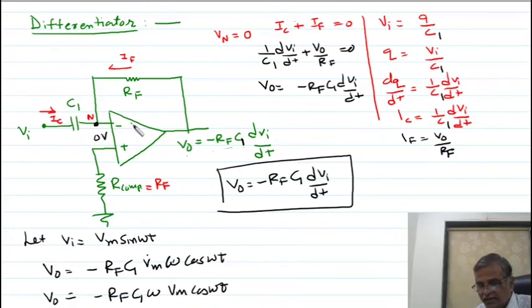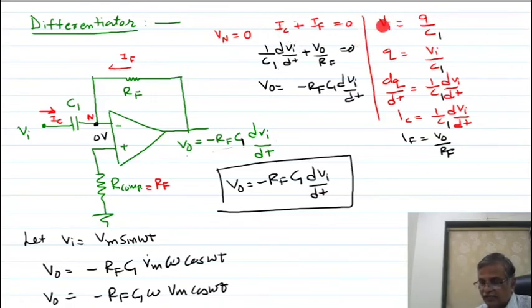Due to infinite input impedance of the op-amp, this terminal does not draw any current. Due to infinite open loop voltage gain of the op-amp, the voltage drop between these two tends to 0. So I can write Vn, the voltage at this point, tends to 0. The sum of the currents is 0.